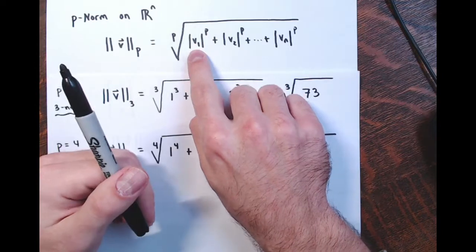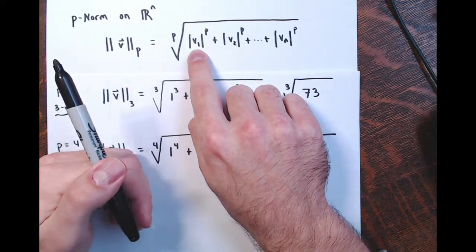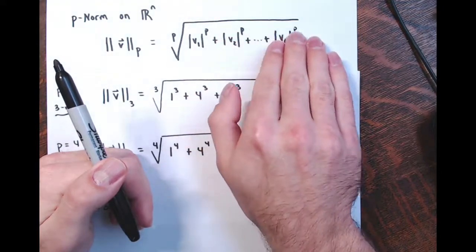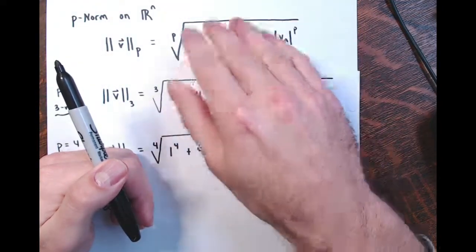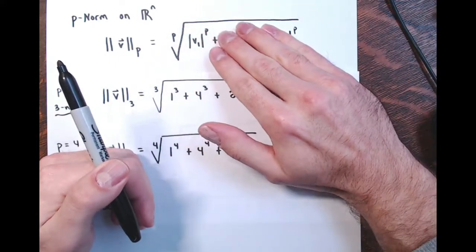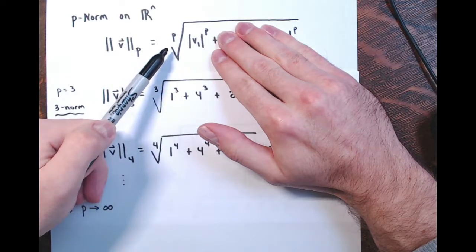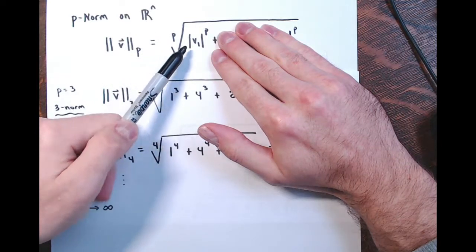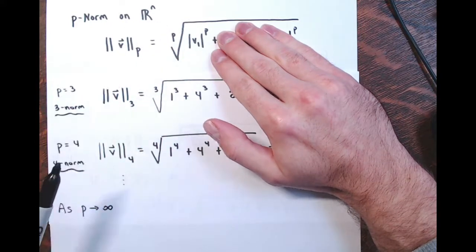This will eventually end up being so big that the other smaller components are negligible, because you're going to infinity. These are negligible, and basically this value is approaching the pth root of the absolute value of v1 to the pth. This will just be the absolute value of v1.